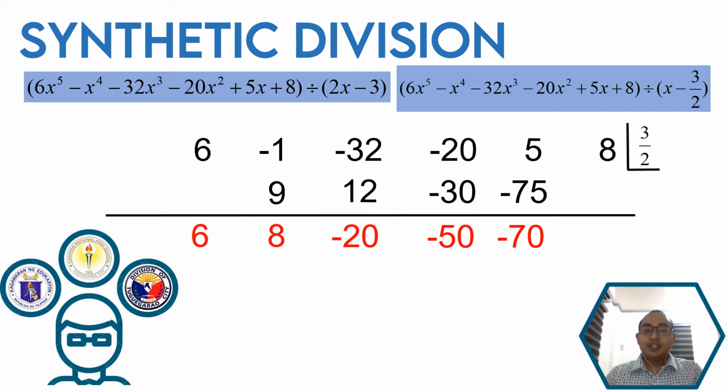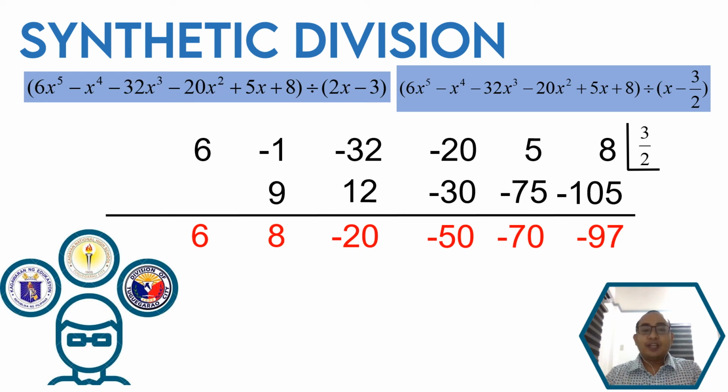Finally, negative 70 times 3 over 2 will give me negative 105, and 8 plus negative 105 will give me negative 97. Now, notice class that the entries in the third row are in color red. That means to say they are not yet final.